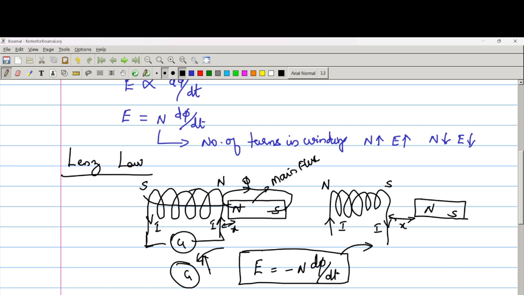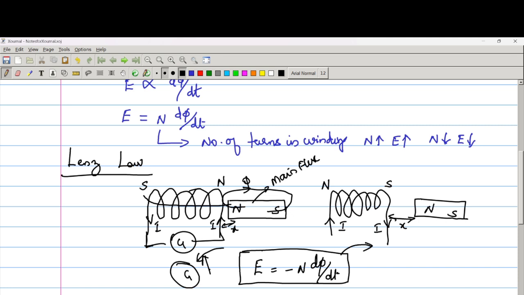Therefore induced EMF is 0. Similarly, when the magnet is moving near to this winding, the induced EMF creates a flux, and that flux will oppose the main flux. Therefore the current direction will be clockwise, or otherwise the galvanometer deflection is in the anti-clockwise direction.